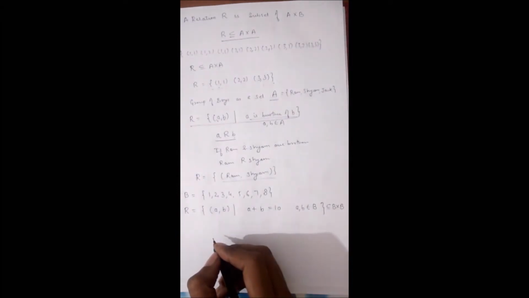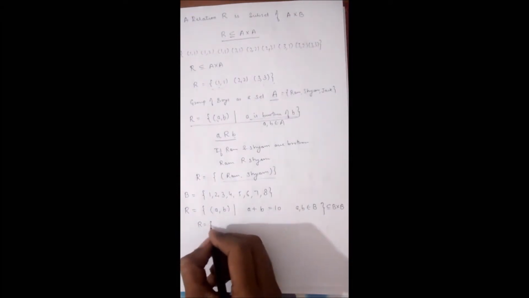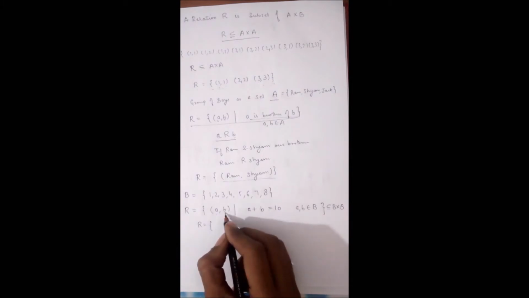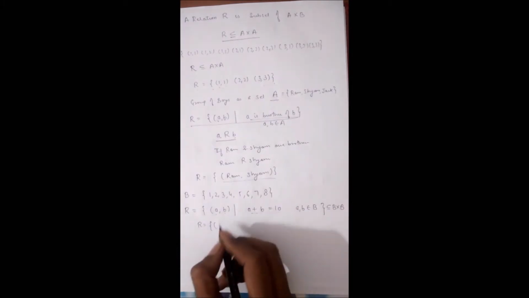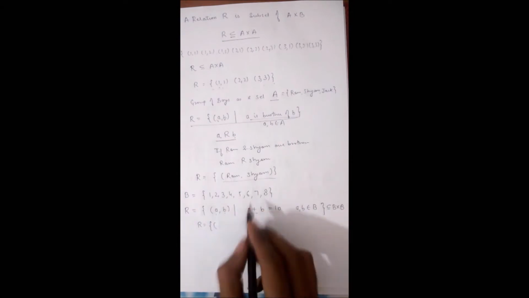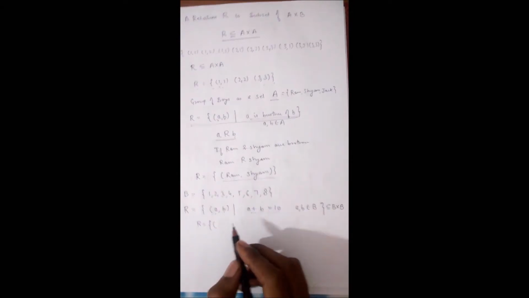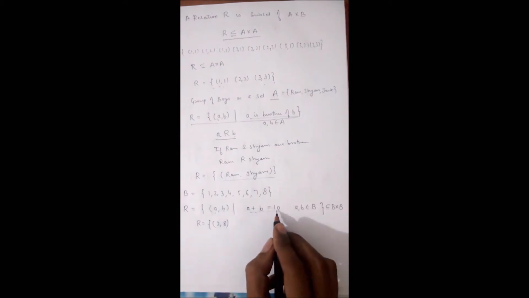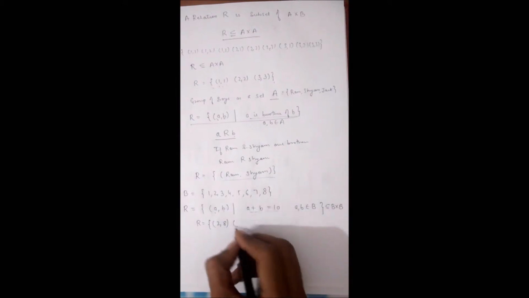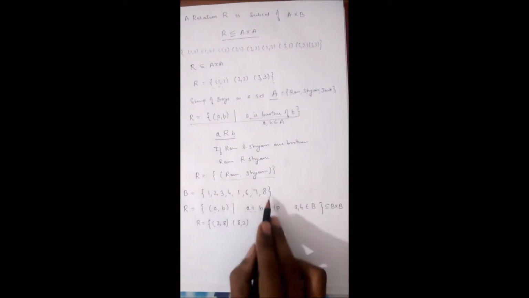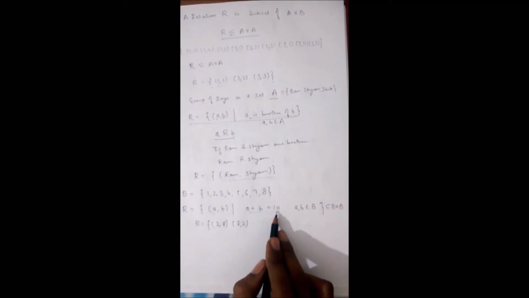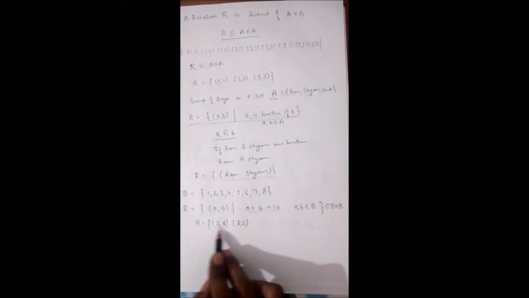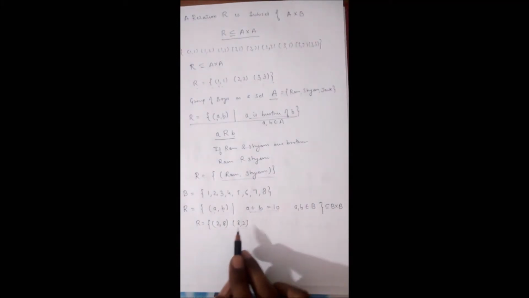Now what will this relation contain? All those coordinate pairs (A, B) which satisfy this condition. So 1, no, I cannot pair 1 with any element, but I can pair my 2 with 8, because 2 plus 8 will be 10. And remember that (8, 2) also satisfies this condition, because 2 plus 8 is 10, 8 plus 2 is also 10, and in B cross B, (2, 8) and (8, 2) will both be different elements.